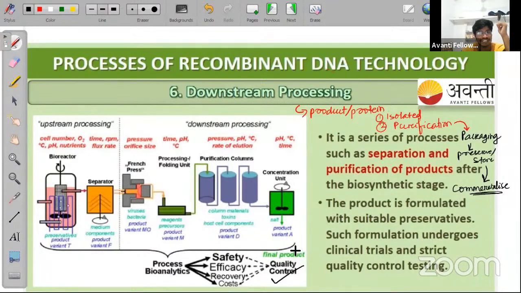Okay, isolated, purified, packaged and preserved, and after that it will get commercialized. This will be the last step, and here your chapter is completed. Biotechnology principles and processes is completed here only. Is that clear to everyone, guys?